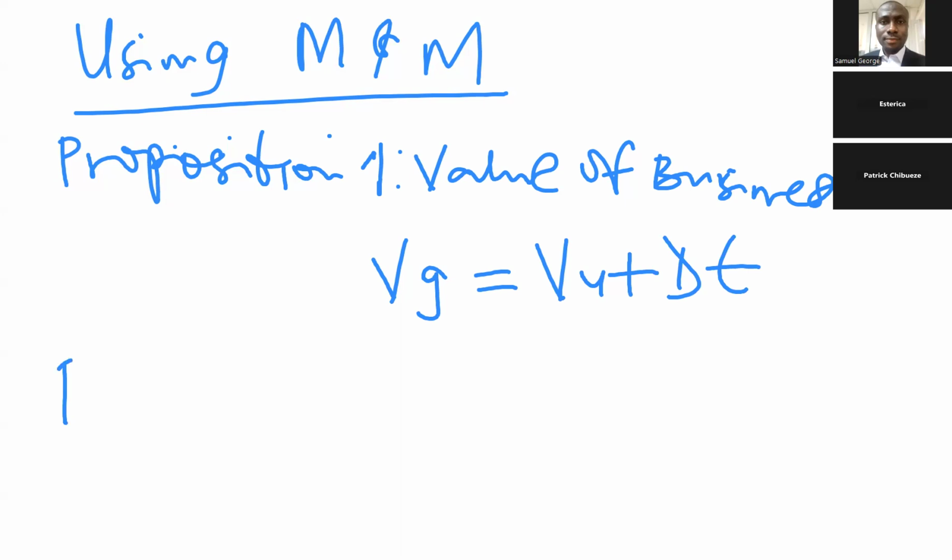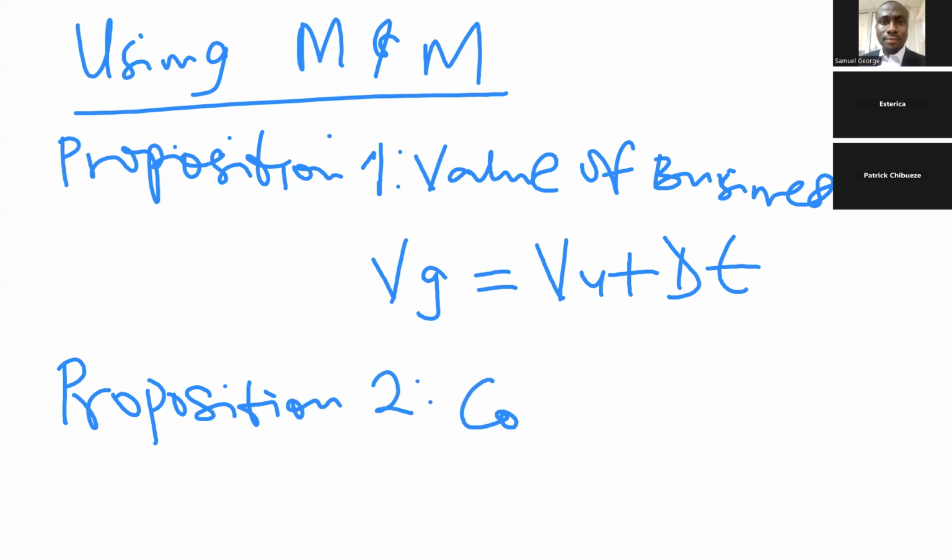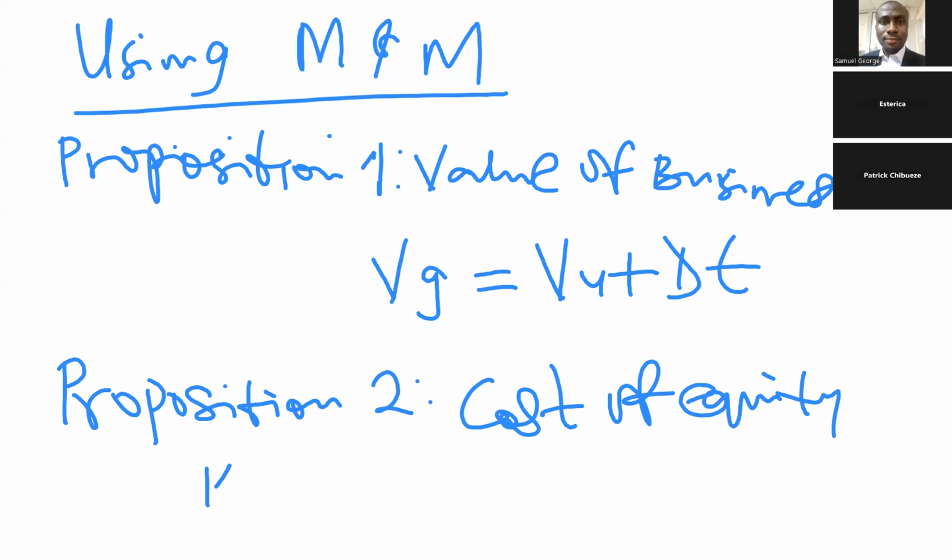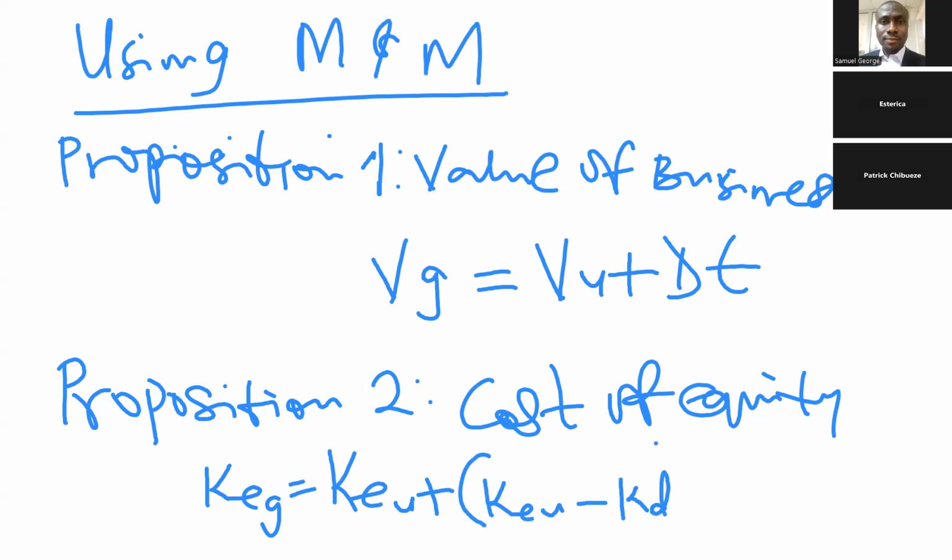Then proposition two talks about cost of equity. How does it say it? It says KEG is equal to KEU plus (KEU minus KD) times VD divided by VE, times (1 minus T).